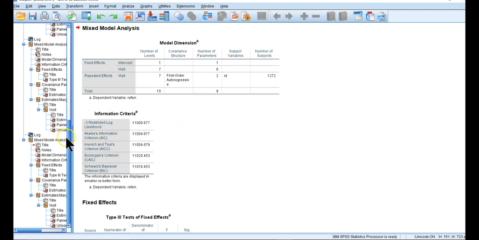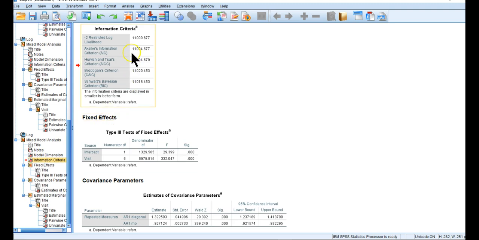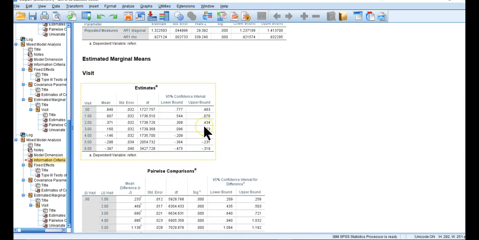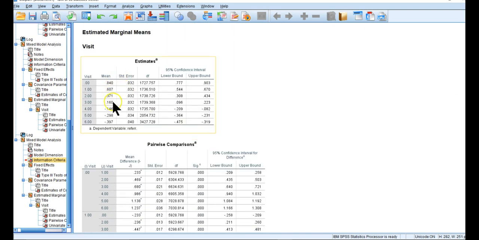Now we were at 13,000 back here, 13,700. We did a little better by considering that correlation. We're now down to 11,000. So that's pretty good. Again, our means are all the same.